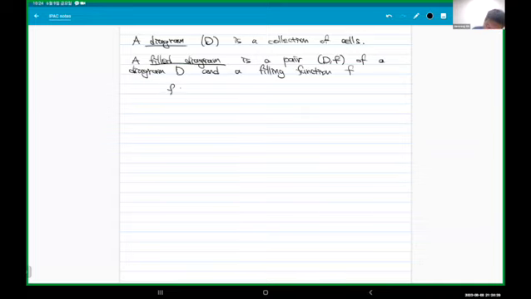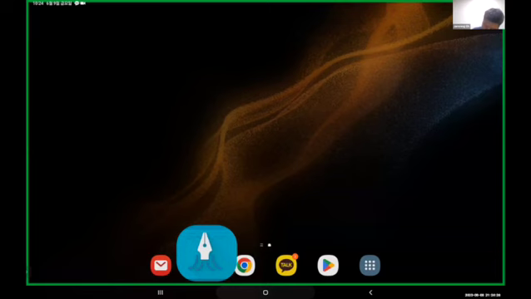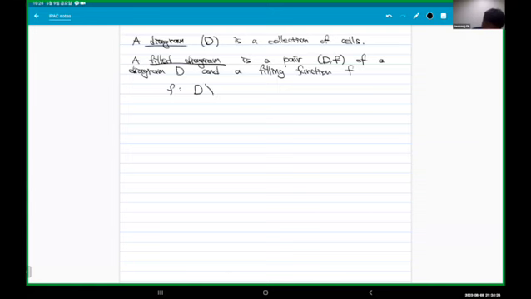which is defined on the diagram, but for some technical reason we will exclude the bottom cells of D, to some given field F. So F is a field.